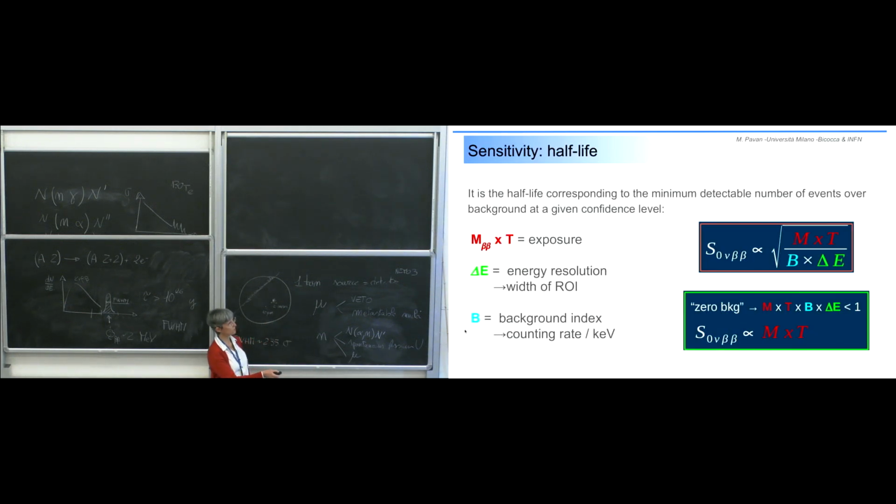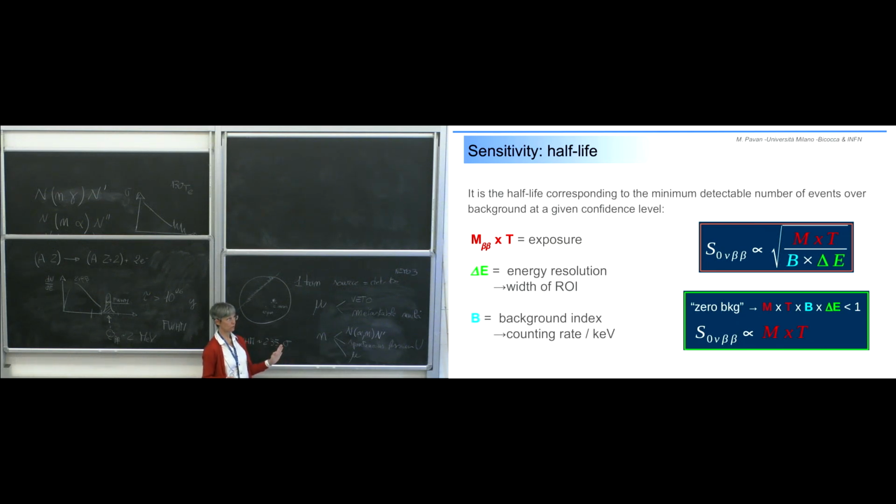The sensitivity, which is measured as the maximum half-life that my experiment is able to achieve, can be written in these two formulas depending on the condition that is called here zero background. That means no event in the region of interest during my exposure, my data collection.